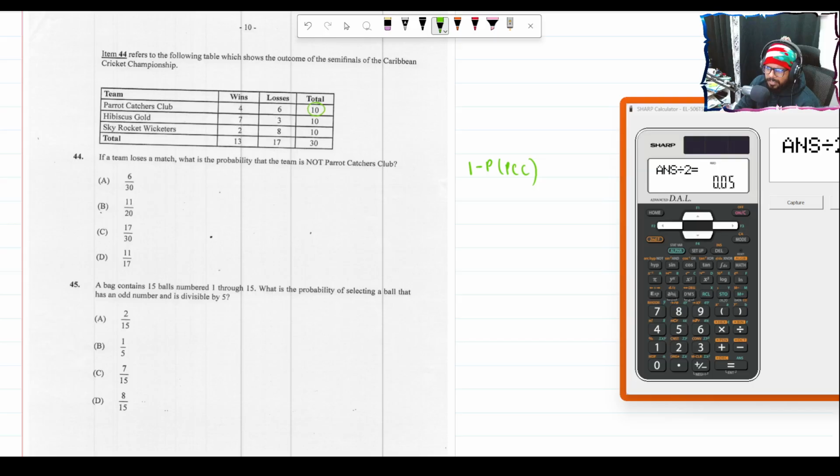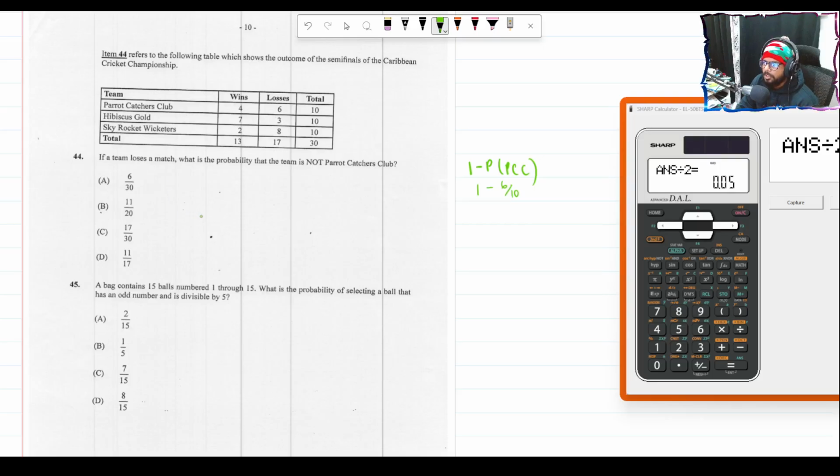If they play 10 games and they lose 6, the probability that they lose a game is 6 out of 10. So it's going to be 1 take away 6 out of 10.